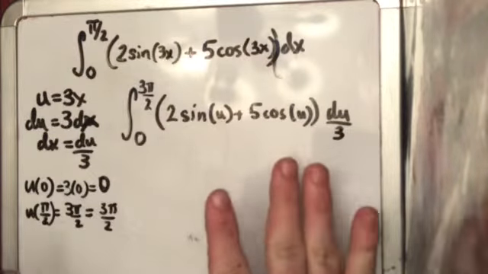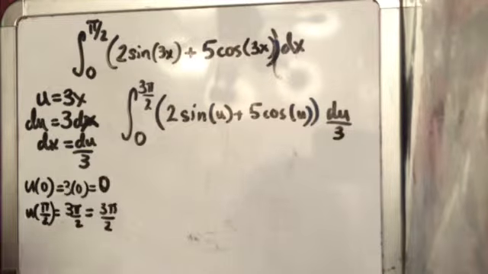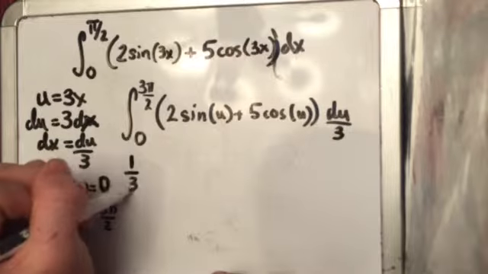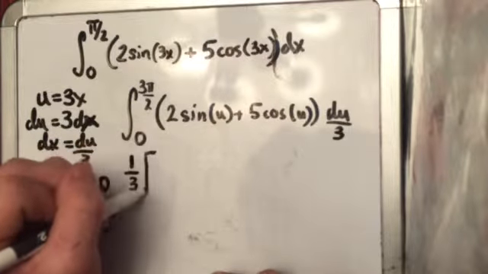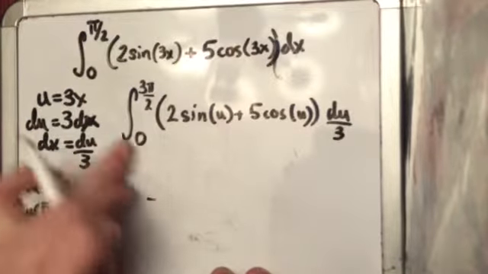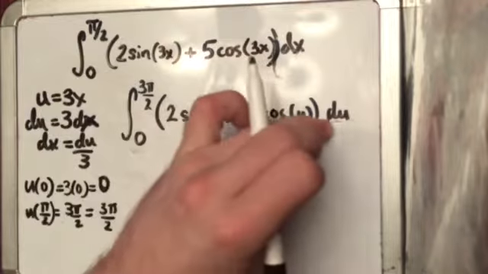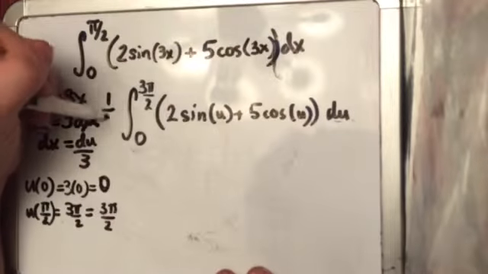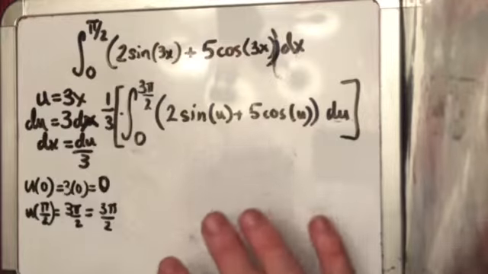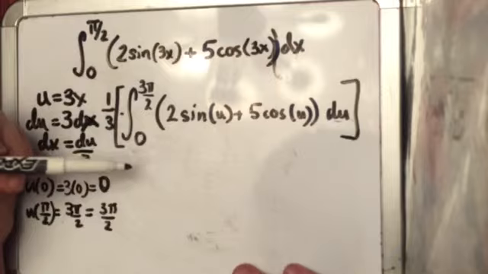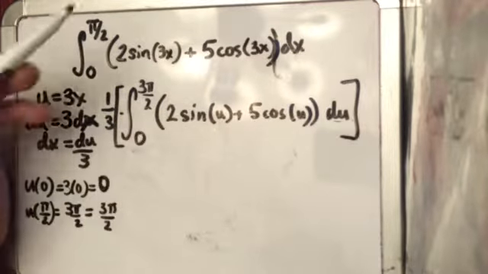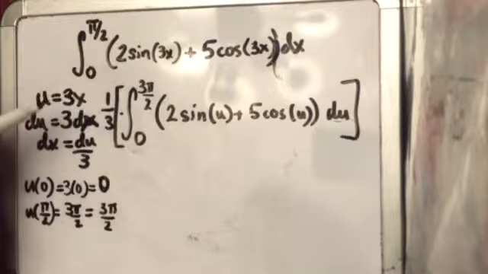And since du is being multiplied by a constant, we can move that constant 1/3 outside of the integral itself. So now we can integrate this, and the integral of sine is negative cosine.